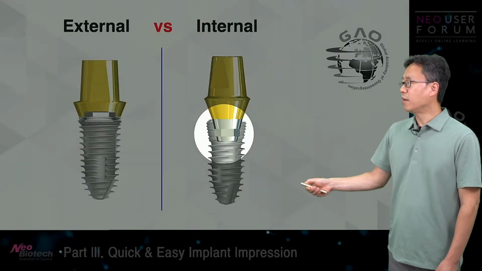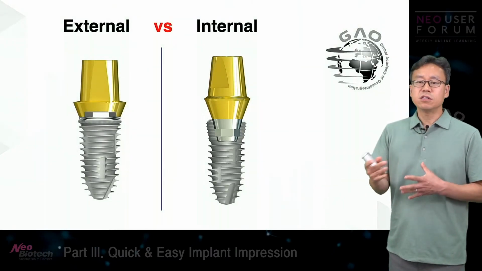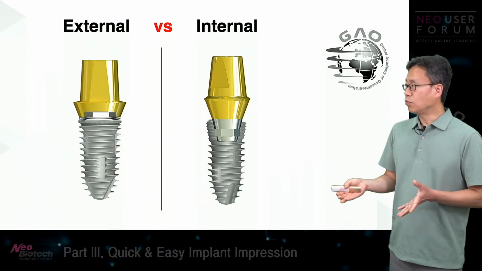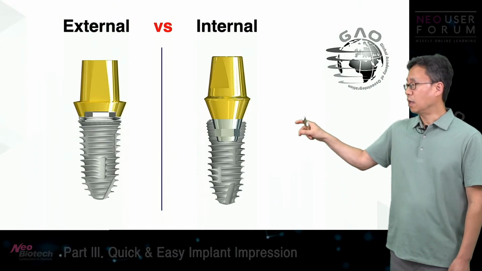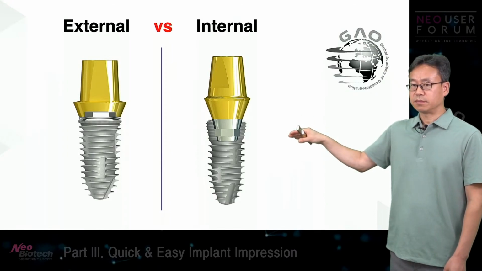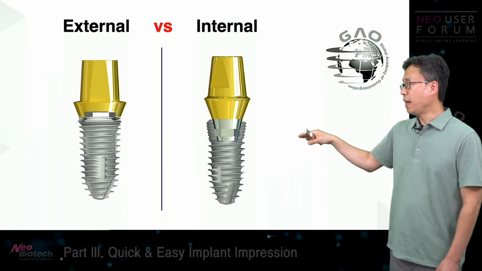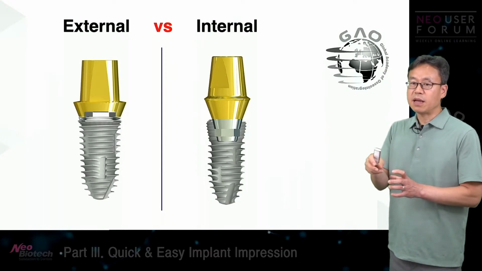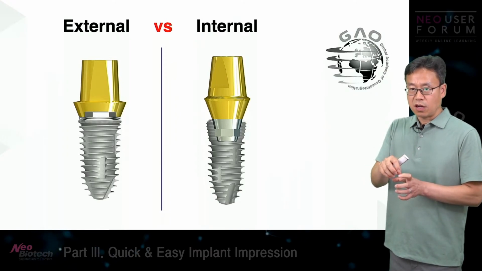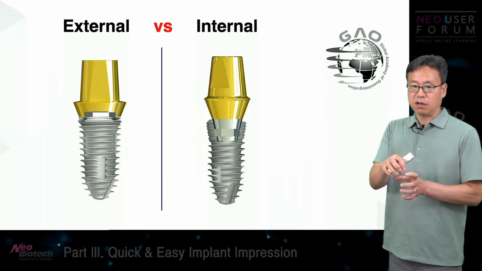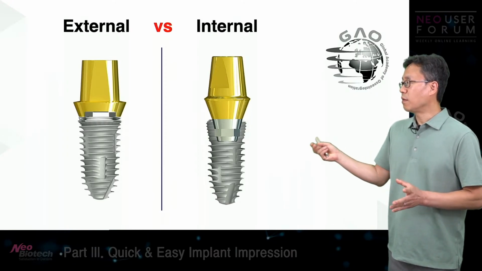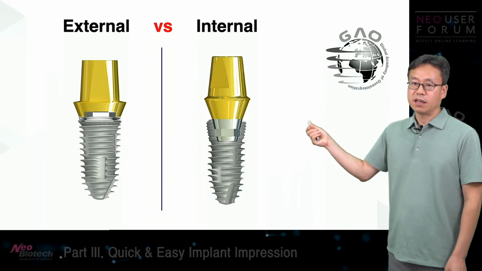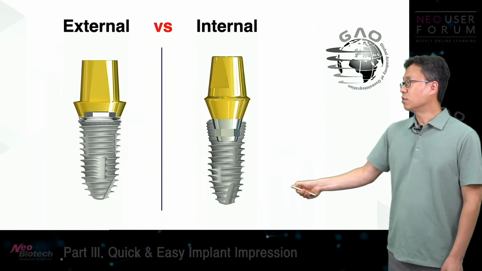So even after we unscrew the prosthetic screw, the abutment stays at the position. The abutment remains, and sometimes you need to wiggle a little to get the abutment out. So that means there's a friction inside these internal connections.